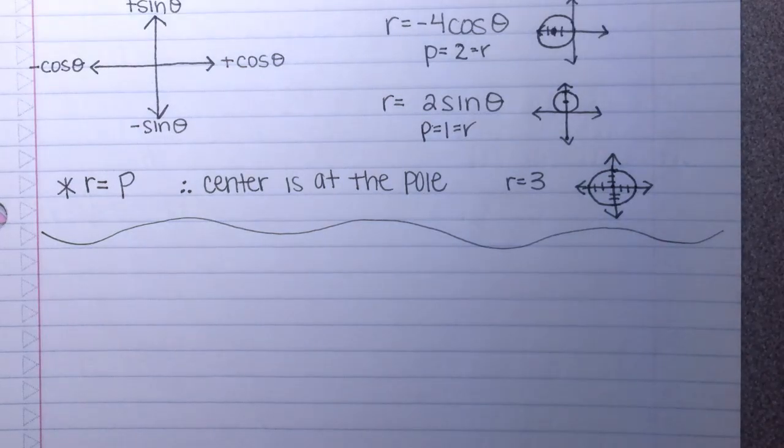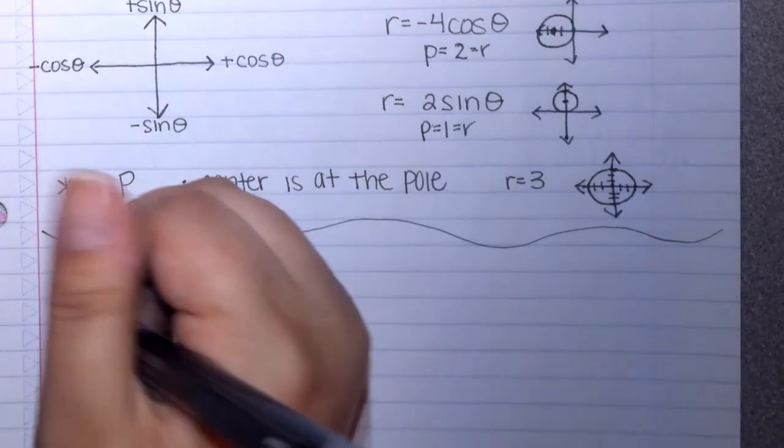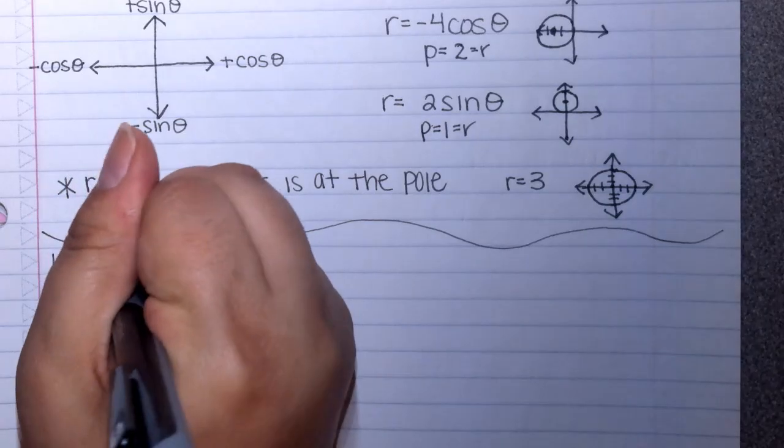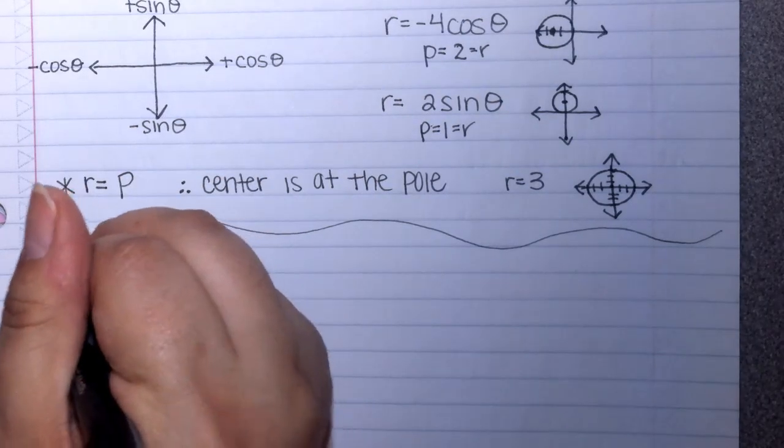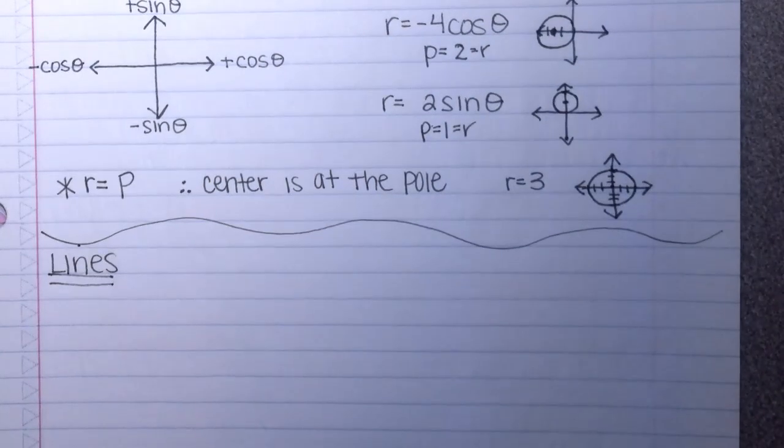What questions do I have? Lines. How could we tell the difference between equations that were circles and equations that were lines?